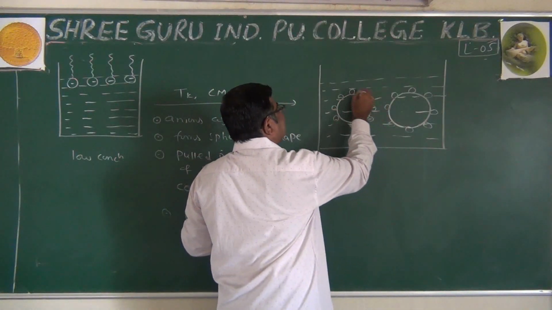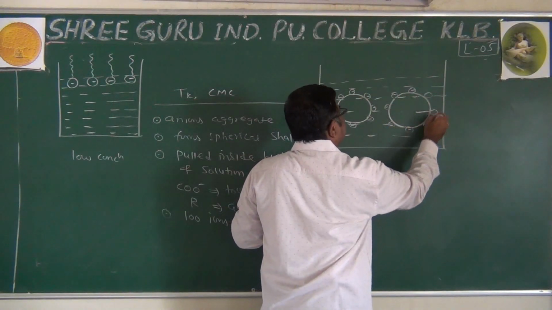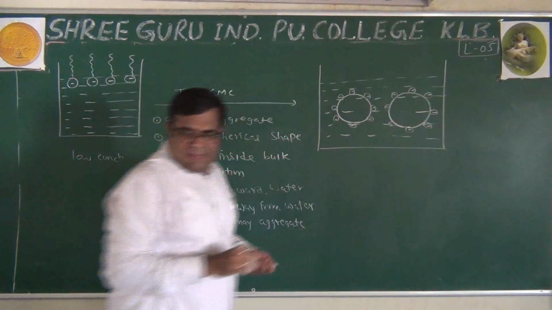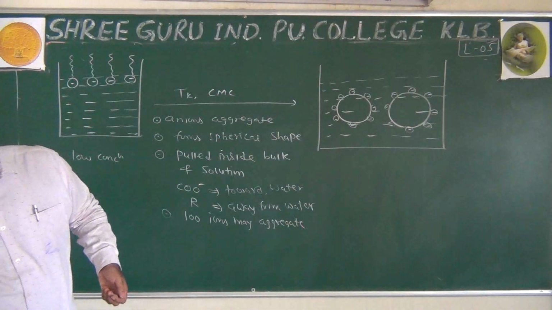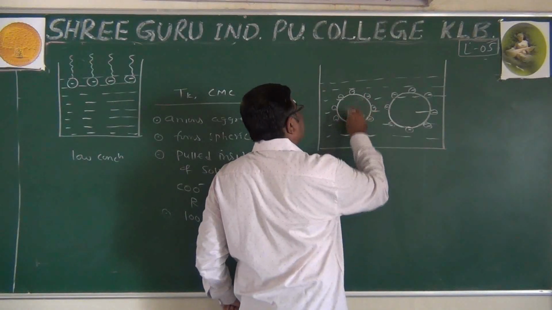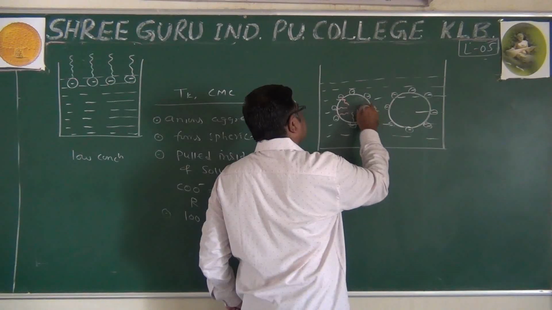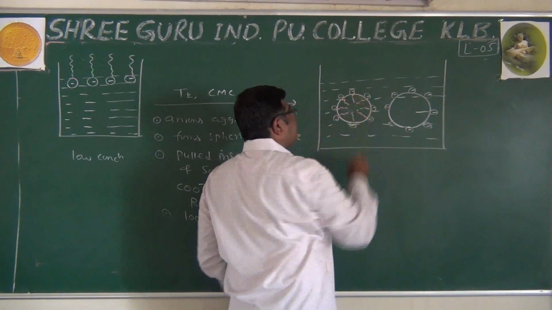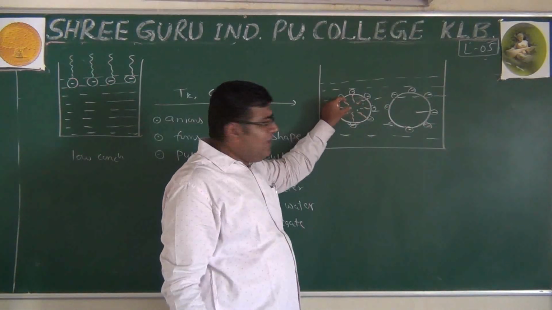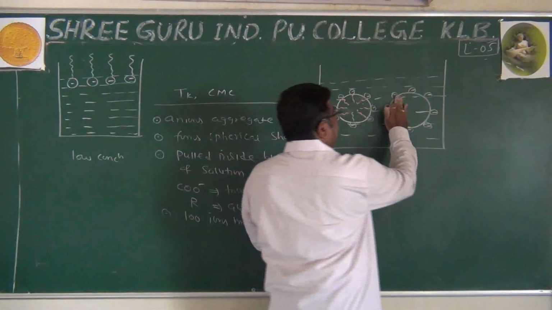These are heads, like this, and their tails are away from the water. These are the hydrocarbons here. Even though I am putting it short, they are very big. C17.